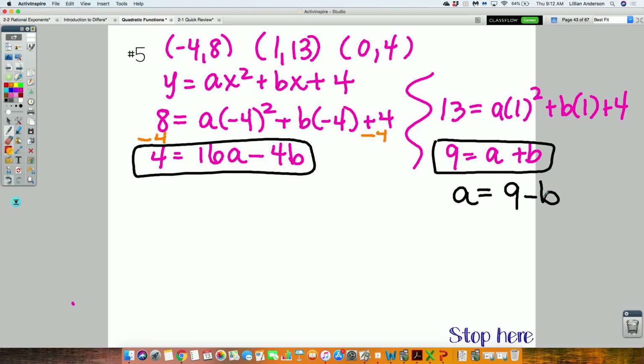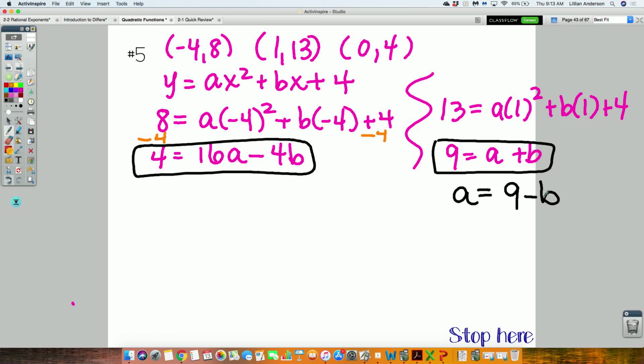Here's an IB type thing. They might say you get down to this point. Say the question is, write an expression for A in terms of B. When it says in terms of a variable, that means that it should be A equals blah, blah, blah, B. Does everybody understand that?